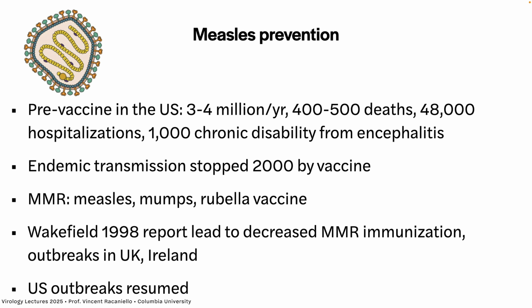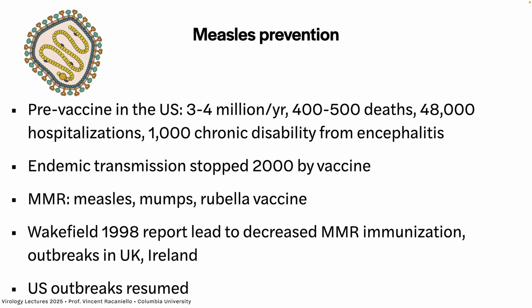Unfortunately, in 1998, a gastroenterologist in the UK by the name of Andrew Wakefield published a paper saying that MMR caused autism. The paper was wrong. It was a fraud. It was eventually retracted.